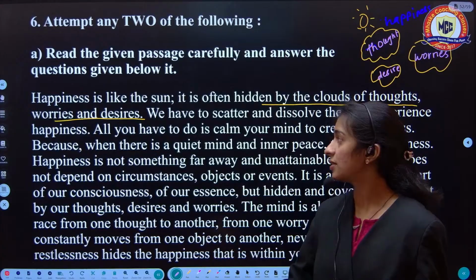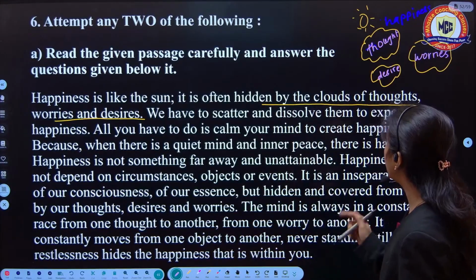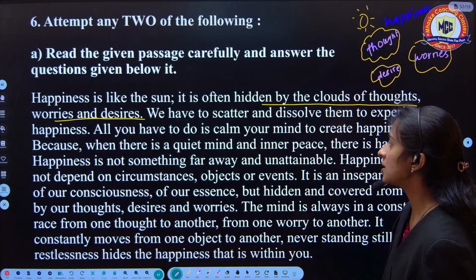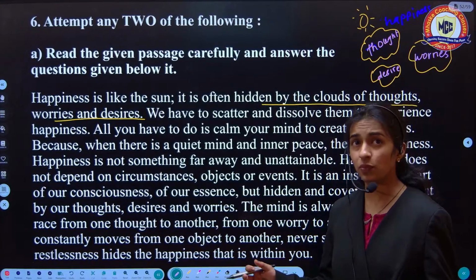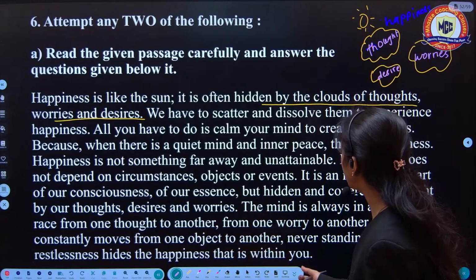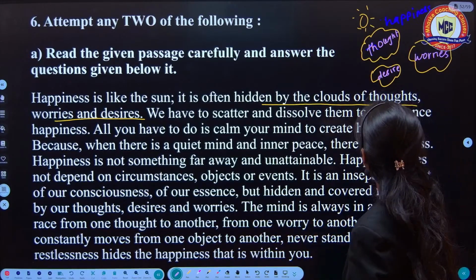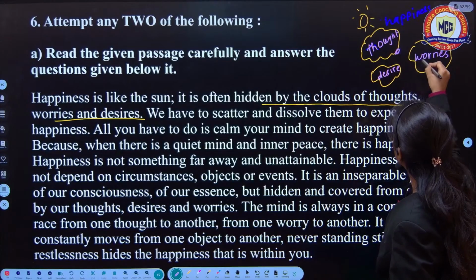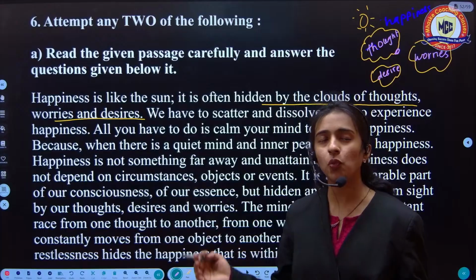Now we got the answer to one question. We'll move ahead. We have to scatter and dissolve them to experience happiness. Similarly, just like sun rays, we also have to scatter and dissolve the clouds to experience happiness. We need to make sure that these clouds are scattered and dissolved in your happiness.